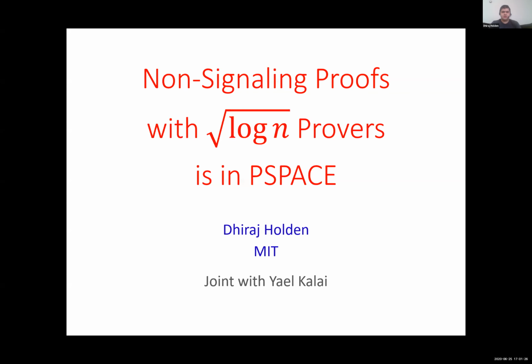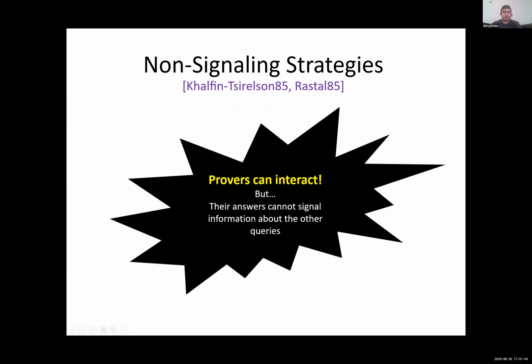I'll be presenting joint work with Yael Kalai on showing that non-signaling proofs with square root log n provers and negligible soundness are in p-space. So what do we mean by a non-signaling strategy for a multi-prover interactive proof?